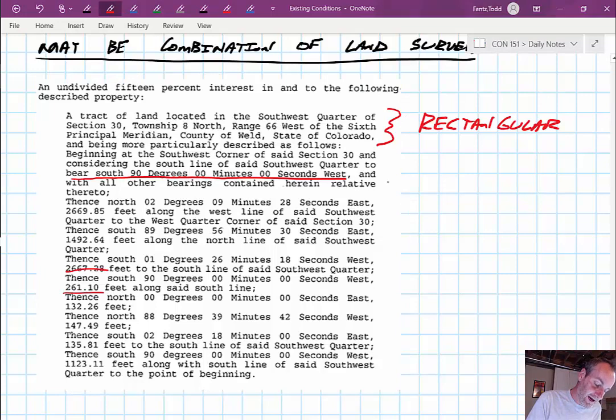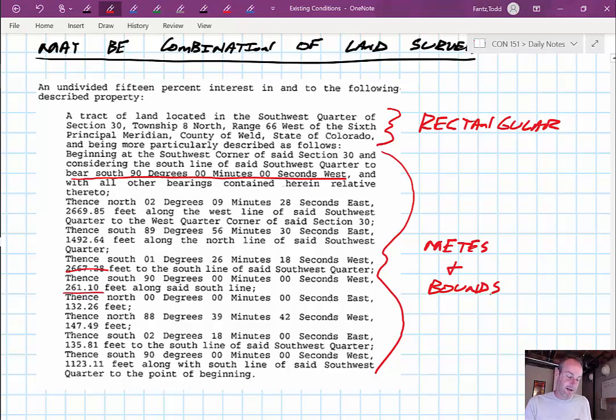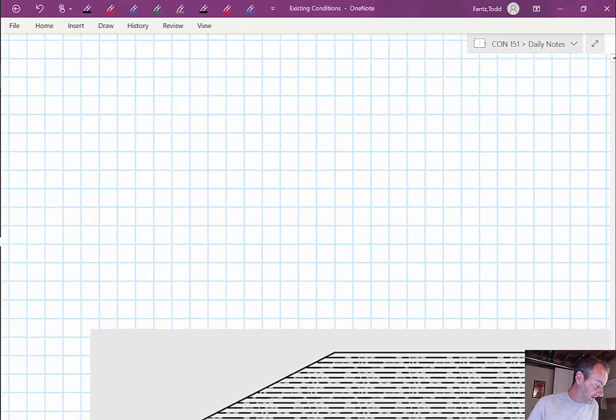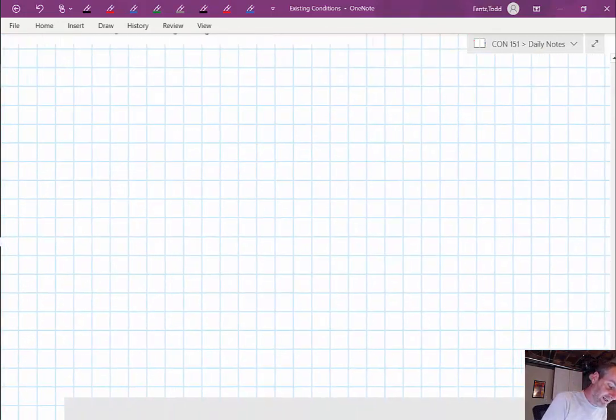Because of that, this whole second section would be metes and bounds. So sometimes, just like in that last example with the plat map, you'll have a combination of land surveys.